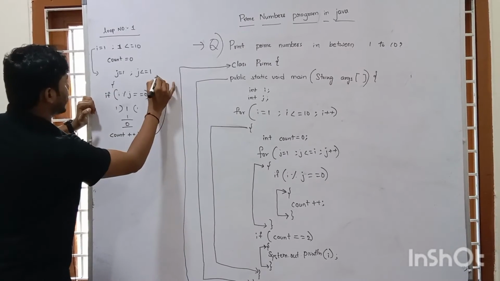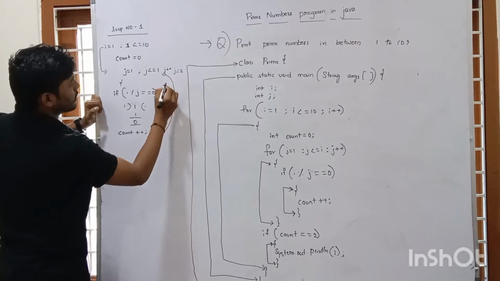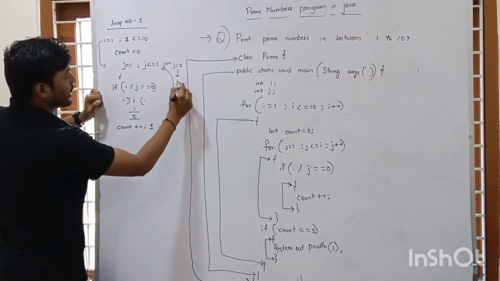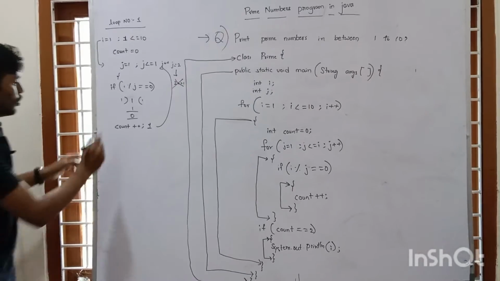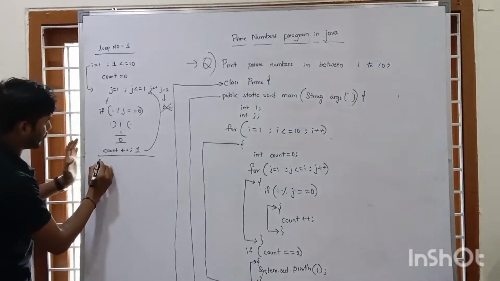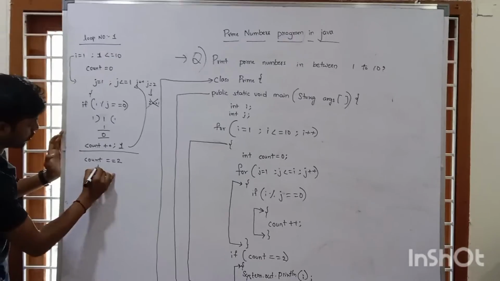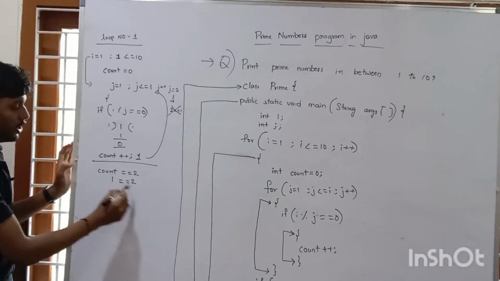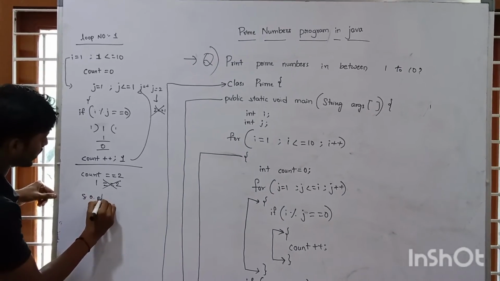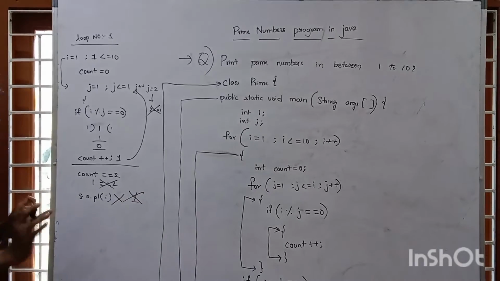And again it will enter into the loop and j plus plus, j value will be 2, and then 2 is less than or equal to 1. Here the condition was not satisfied. So after completion of this loop, it will enter into the if condition again. If count equal to 2, now the actual count is 1. Count is not equal to 2. So here System.out.println(i) was not executed. 1 is not a prime number.